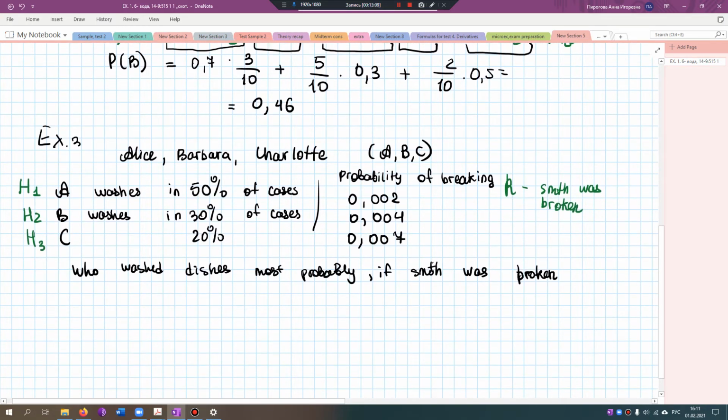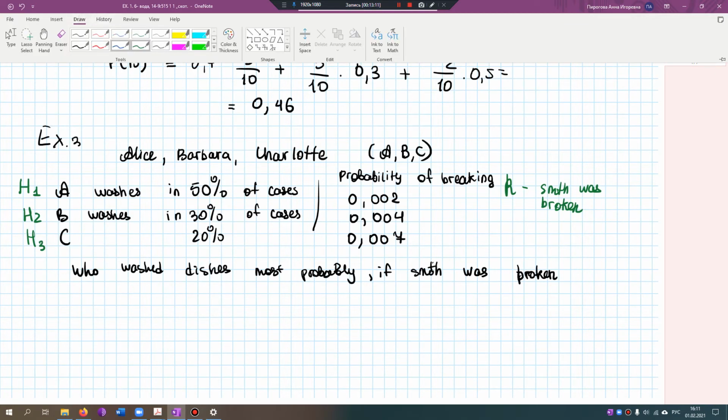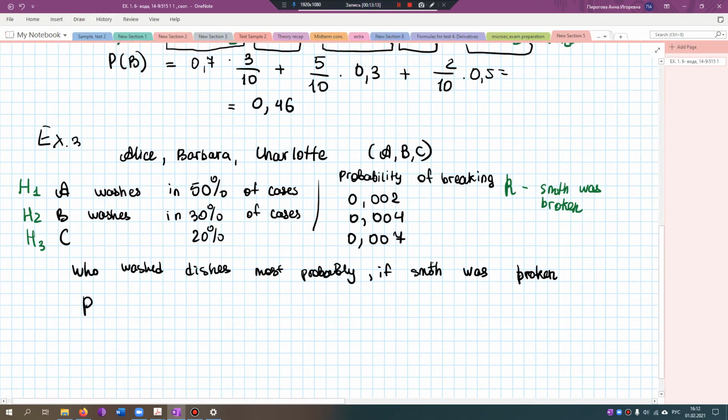And now we need to find the probability that Alice washed the dishes under the condition that something was broken. So we write the probability of event H1 under condition R.